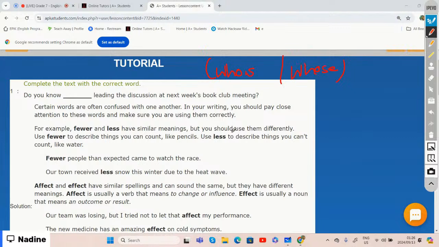So, do you know who's leading the discussion at next week's book club meeting? Which one is correct?